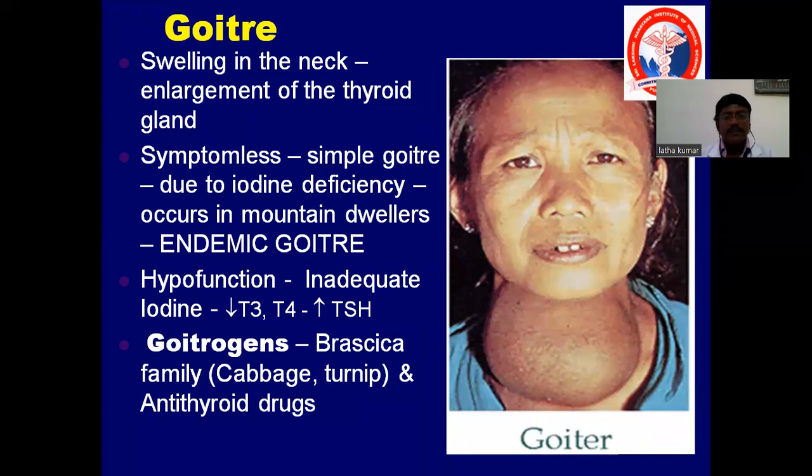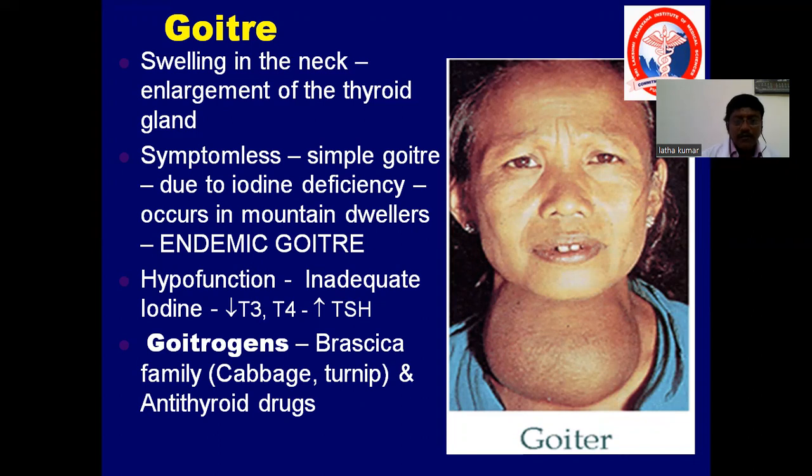Goiter: swelling in the neck, enlargement of the thyroid gland, symptomless. Simple goiter is due to iodine deficiency, occurs in mountain dwellers, endemic goiter. Hypofunction, inadequate iodine, decreases T3, T4 and increases the thyroid stimulating hormone.